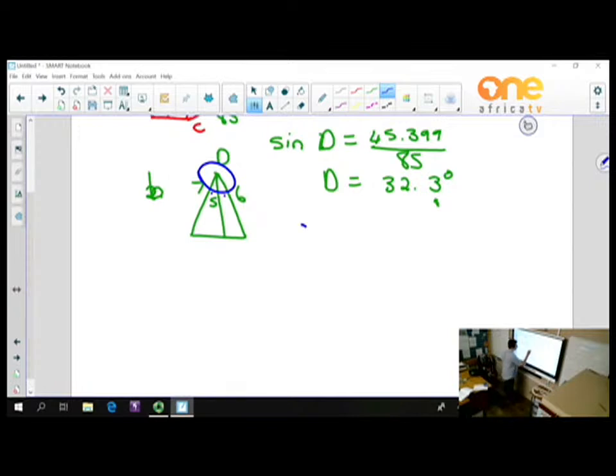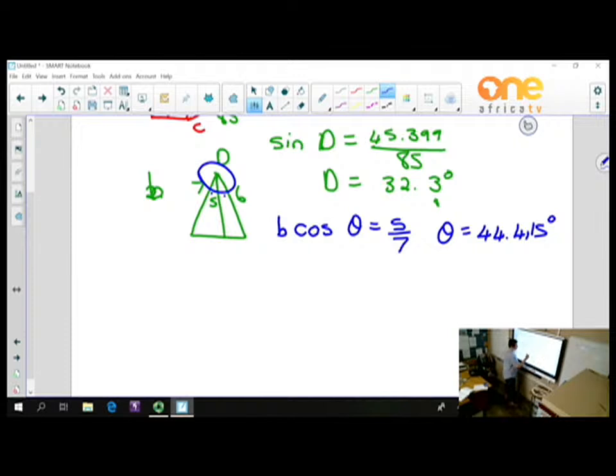Included angles, so it is cosine. So cosine theta is then equal to 5 over 7, adjacent over the hypotenuse. Second function cosine, and then I got that theta is equal to 44.415 degrees.